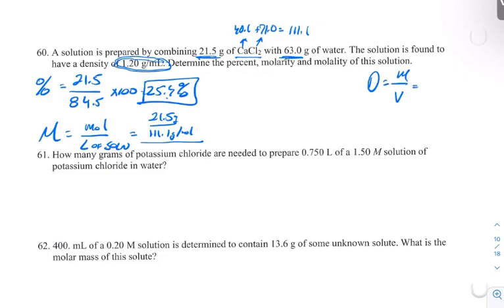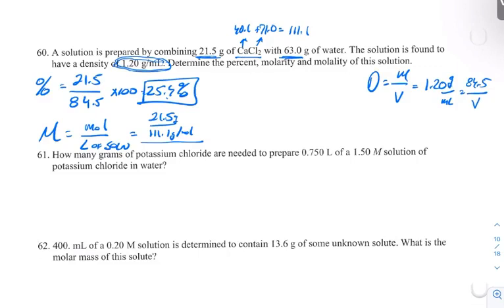We know my density is 1.20 grams per milliliter. I know my total mass of my solution, 84.5, and then my volume is what I'm trying to find because I need that to do my work.